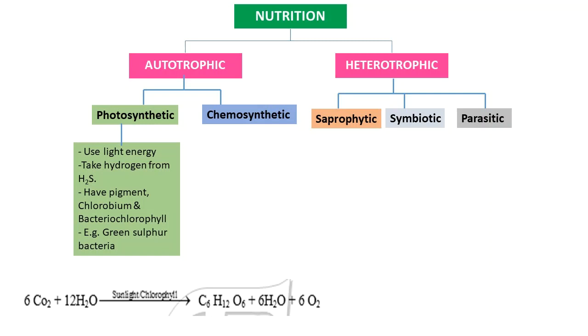So if we consider the opposite to this, in the chemosynthetic, they don't use a light. If they do not use a light, from where do they get the energy to prepare the food?